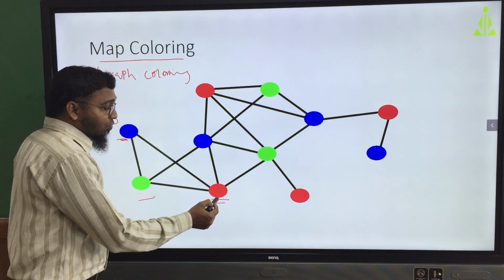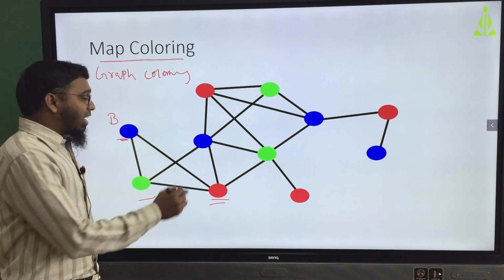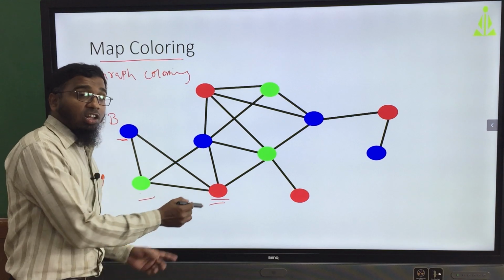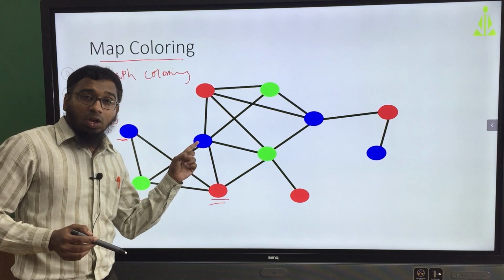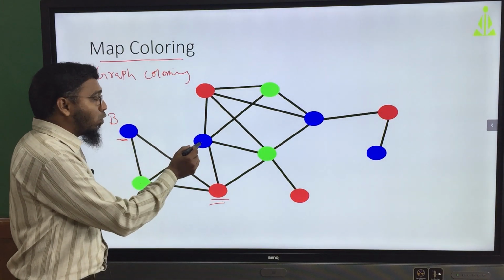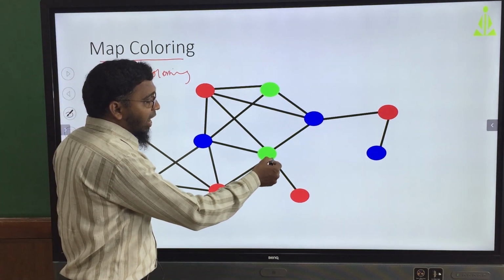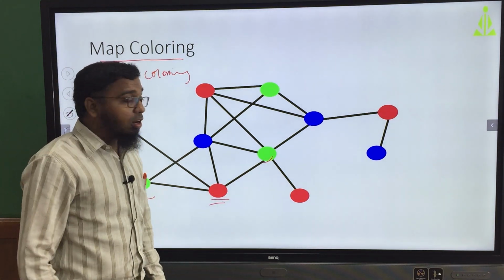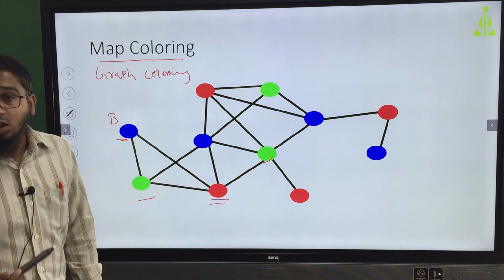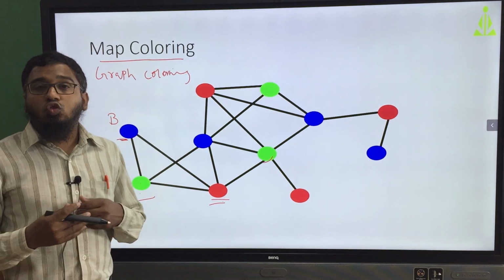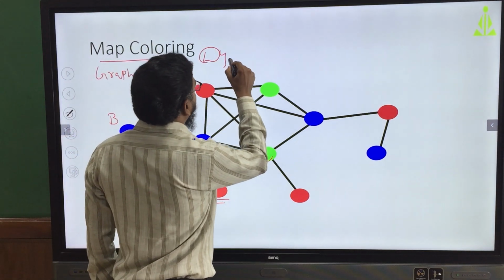So here, from the red it's going to blue. I cannot give red here because red is here. I cannot give green because green is also connected to this. So I can give the blue color, a different color. And on the right hand side I can give the green color. Like this you need to give different colors while solving this problem. Already this problem also we have done with dynamic programming.